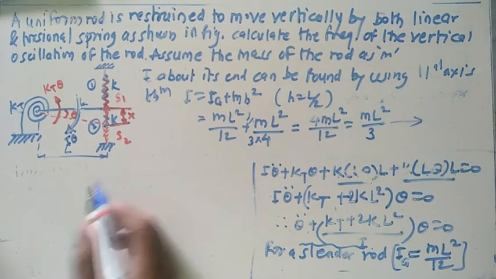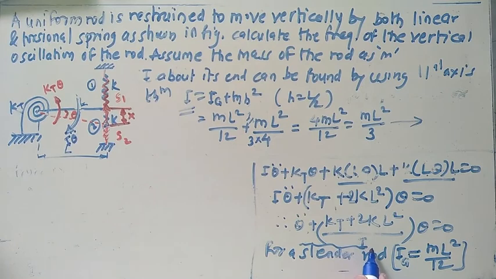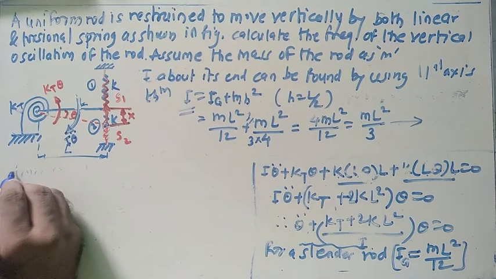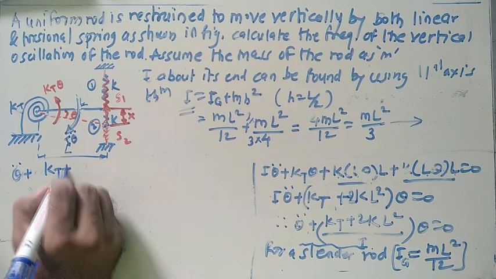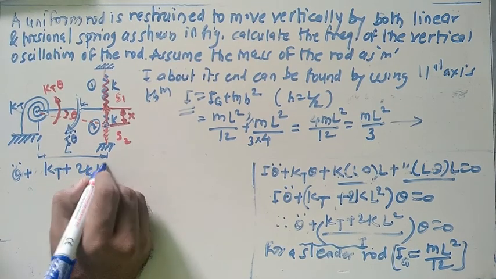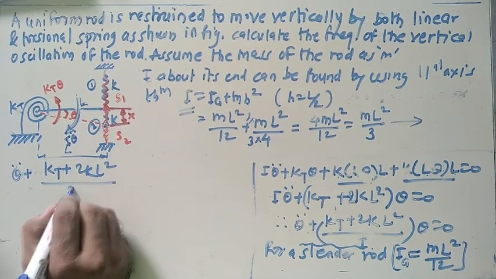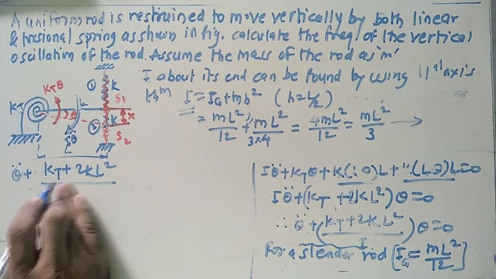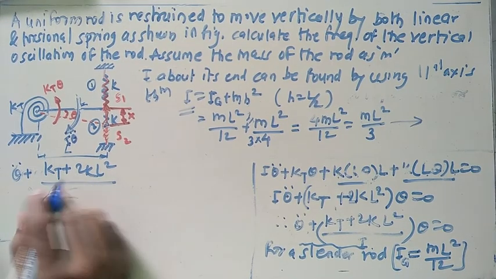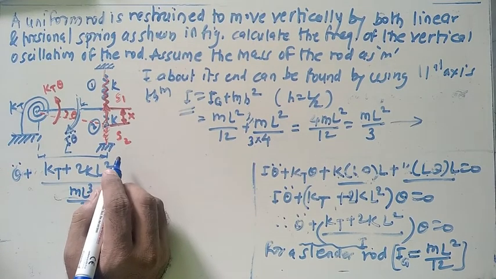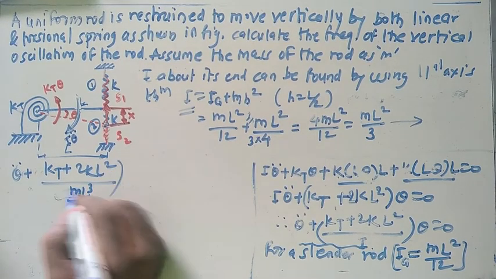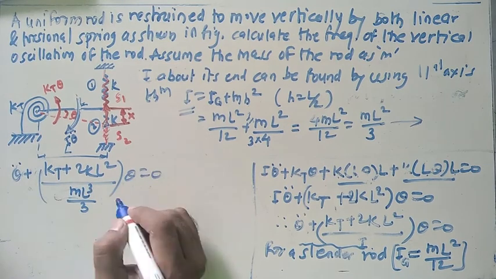This is about the I. So this equation is theta double dot plus kt plus 2 L square, divided by I, which is ml square by 3. Just simplify this, theta equals 0.